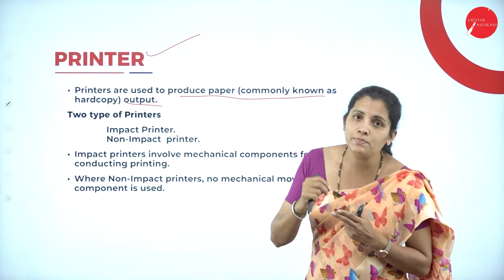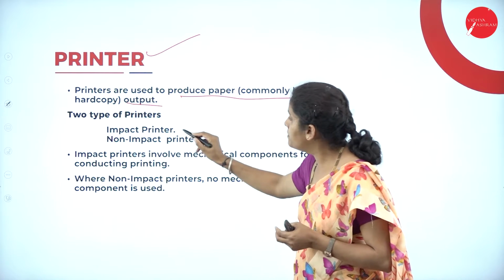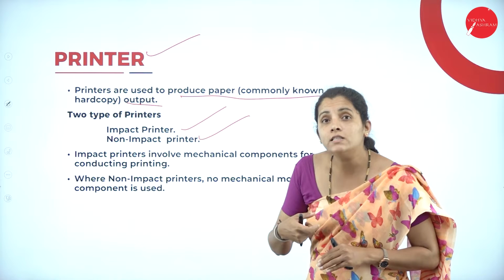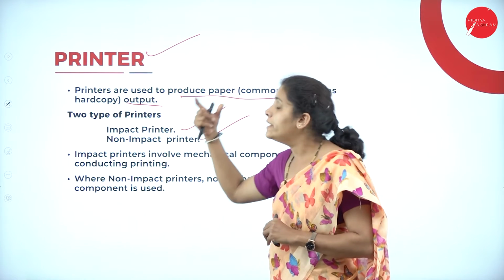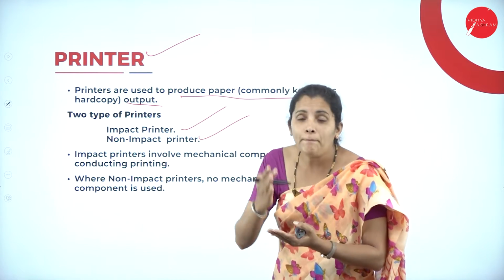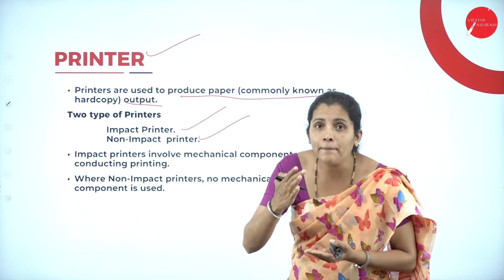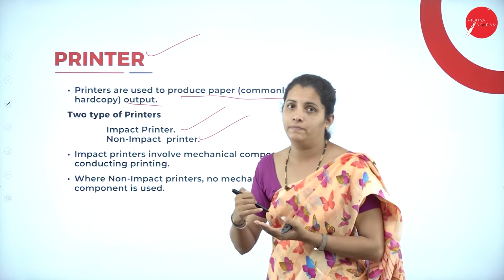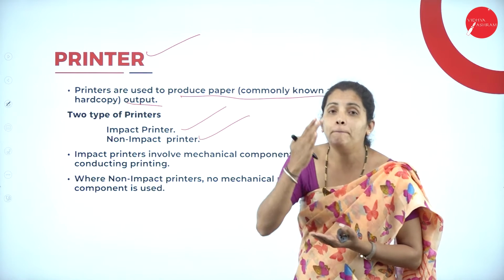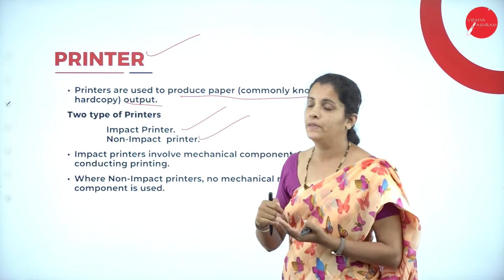There are two types of printer, that is impact printer and non-impact printer. What is impact printer? Here the name itself indicates that there is an impact on the paper as well as ribbon. I repeat, there is a contact between pin and ribbon.